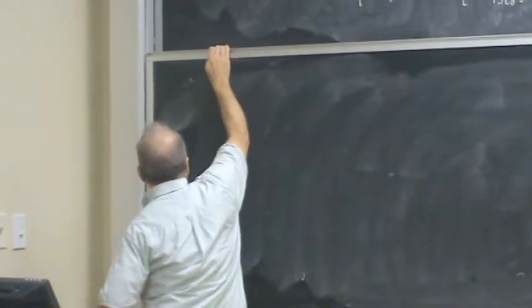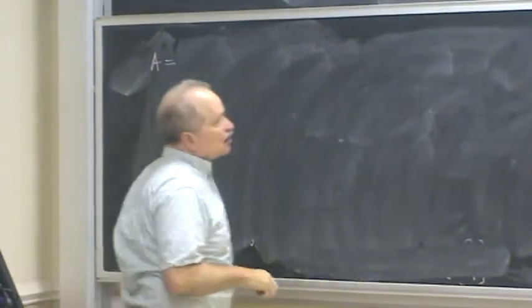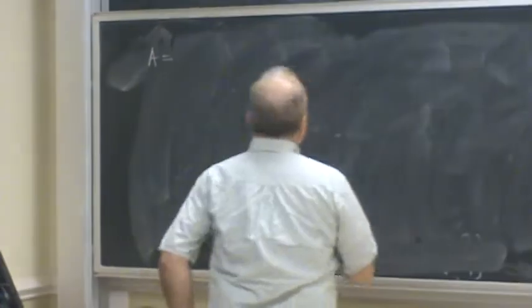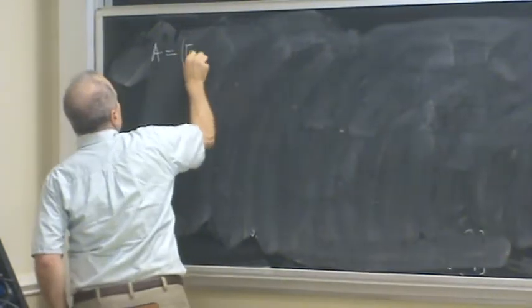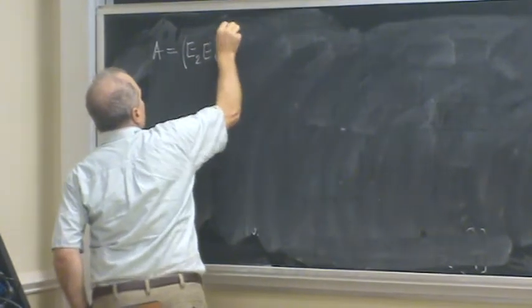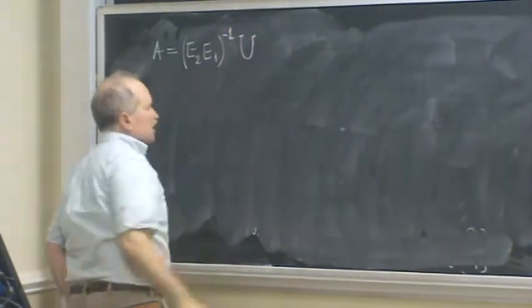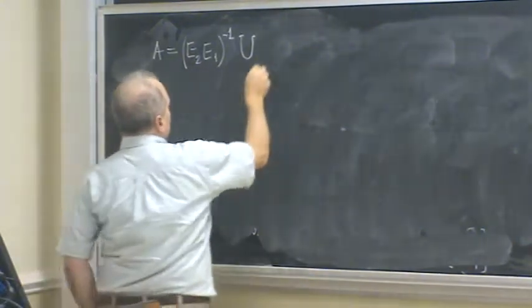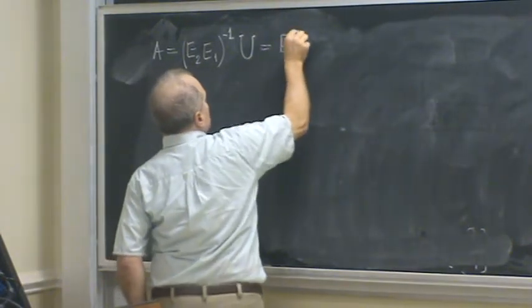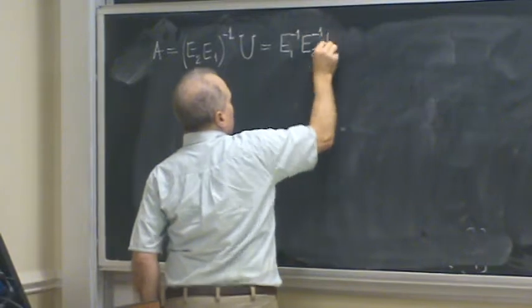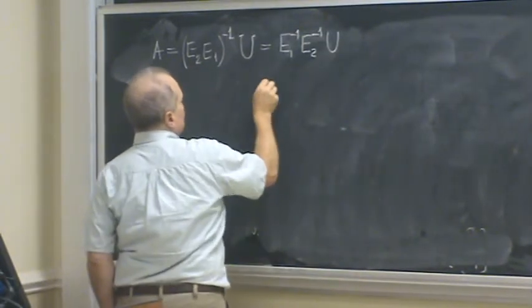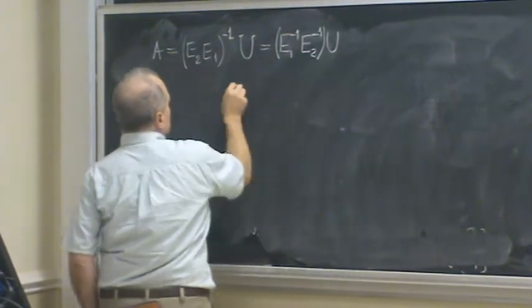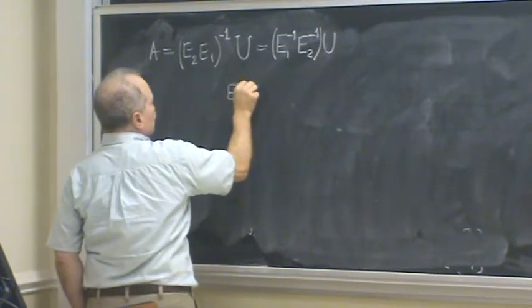Well, let's try it. So I'm saying that A is (E2 E1) inverse times the echelon matrix. And I'm saying this is E1 inverse, E2 inverse in that order. So what's this matrix E1 inverse, E2 inverse?